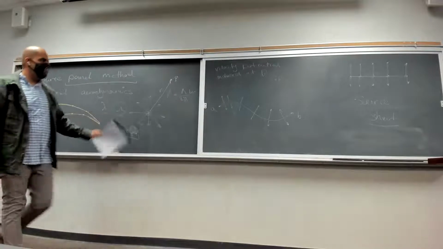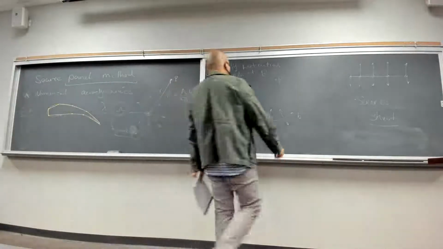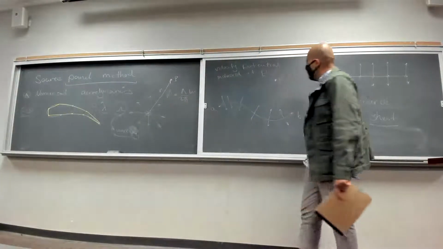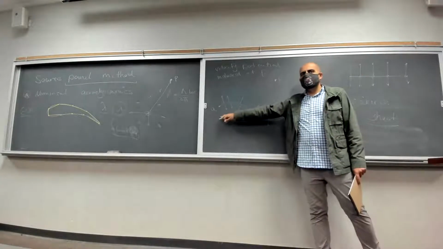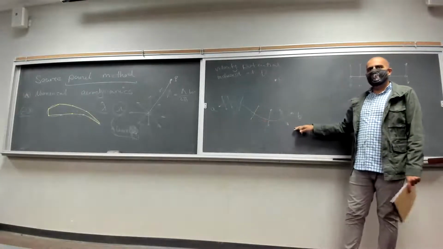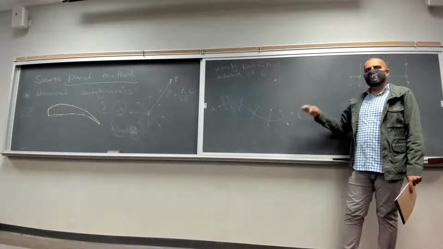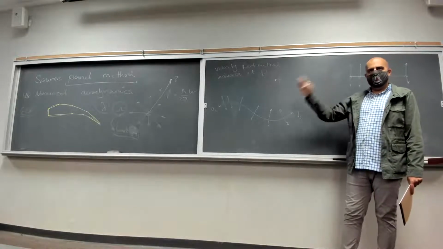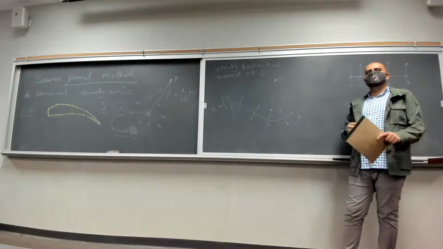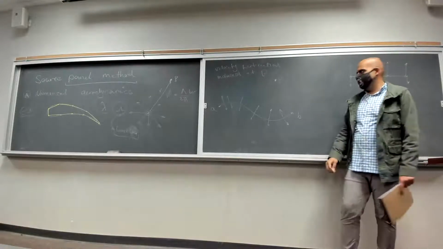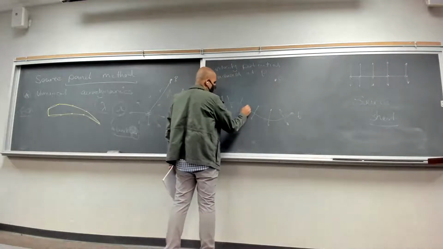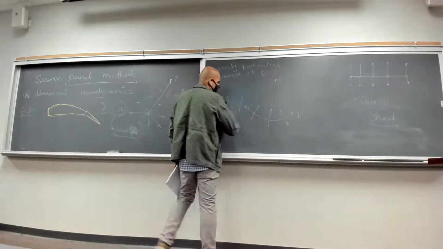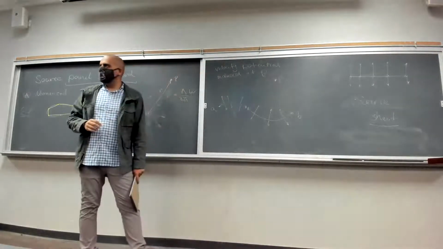We have seen this part before, but here we want to find the velocity induced at point P by this source sheet, which is a combination of line sources, which are extensions of point sources. So to find that, we just have to take a very small element.